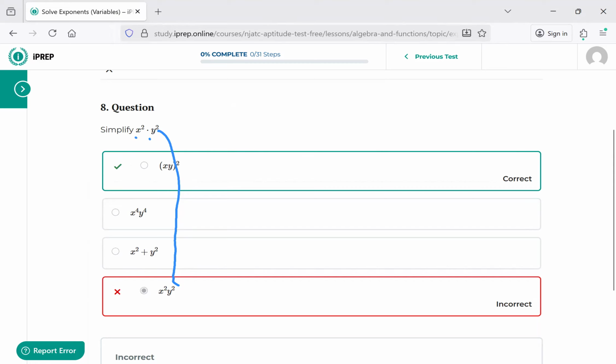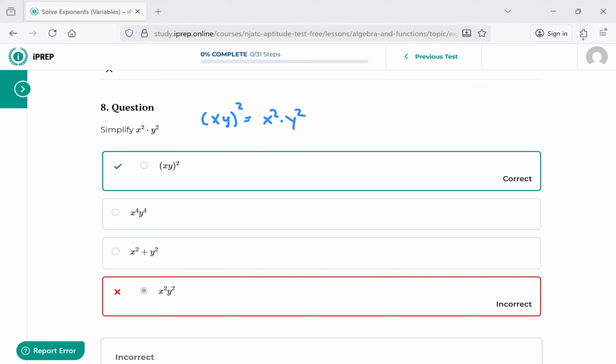Whoops, incorrect. Oh, okay. Let's see what is wrong. I guess technically you can. Oh, this is a tricky one. I think this is partially correct. I guess they want it like this because (xy) squared is the same thing as x squared y squared.